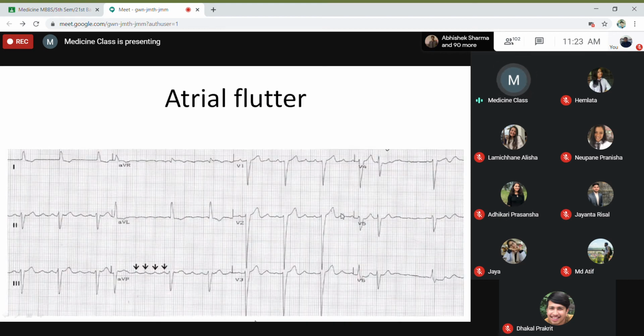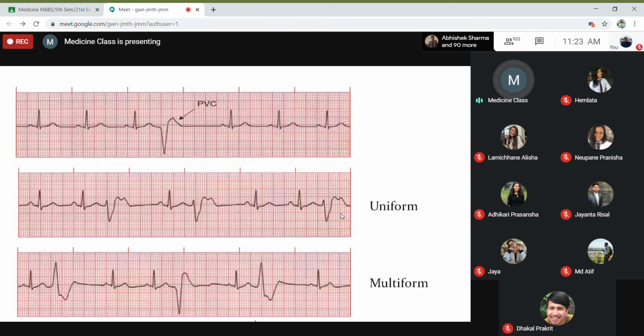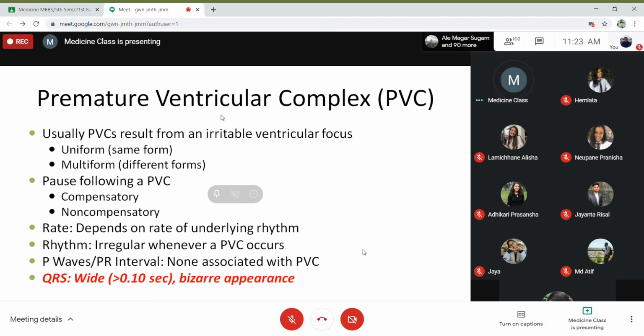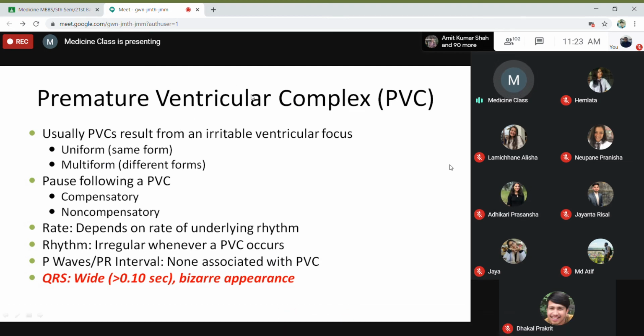This is atrial flutter. And premature ventricular complexes, we have different names for that. It is the extra beat of the heart from the ventricle that causes this complex, and it may be uniform or multiform.